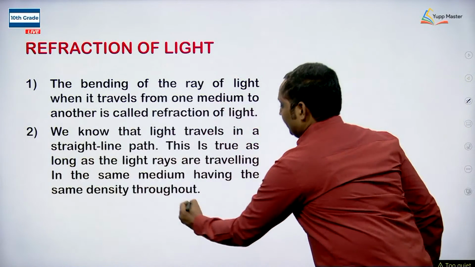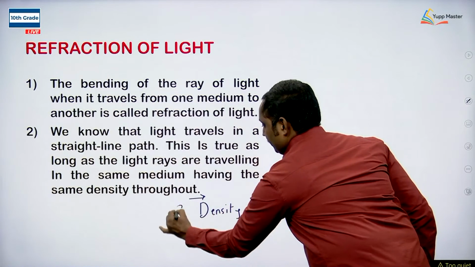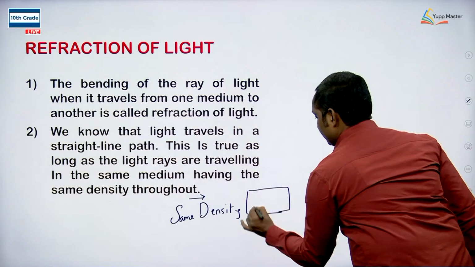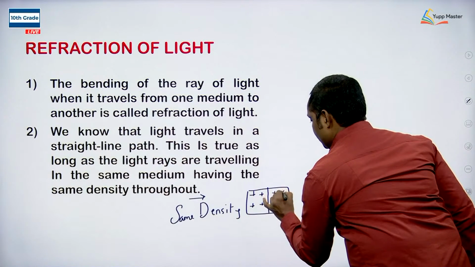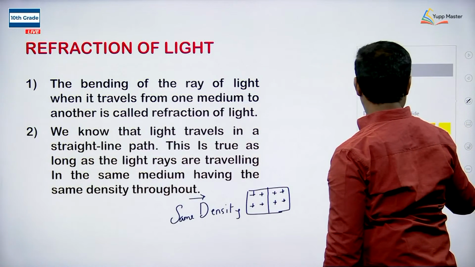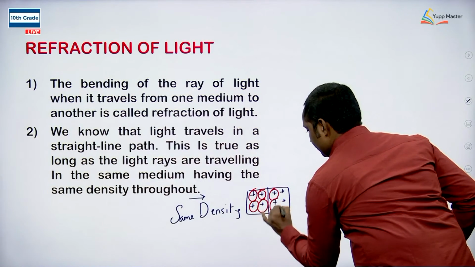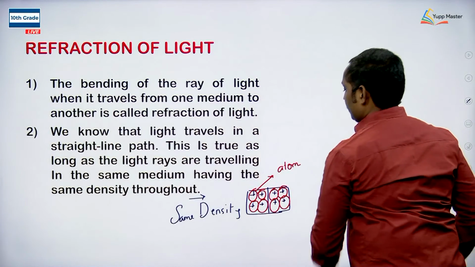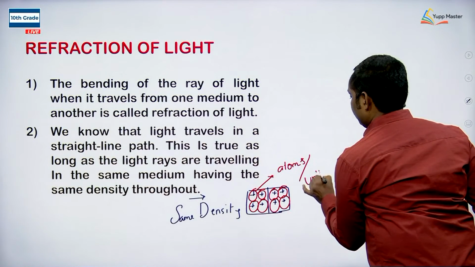If you take the same density, in this region you have to take 4 atoms. So, this is the same density, you will find that atoms are there, atoms per unit volume.